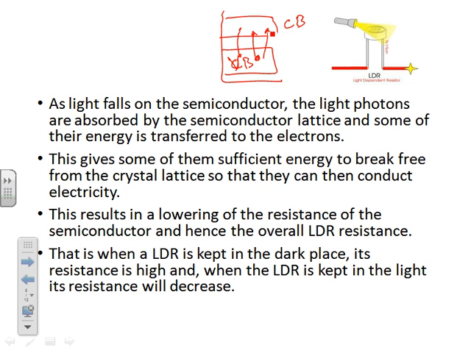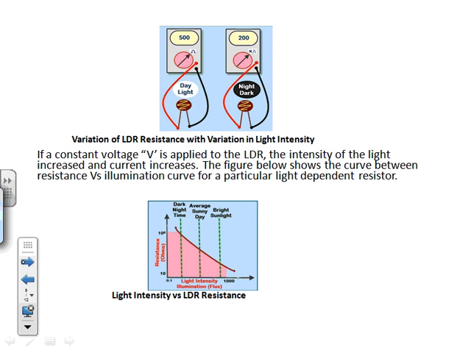This results in the lowering of resistance of the semiconductor and hence the overall LDR resistance. That is, when the LDR is kept in a dark place, its resistance is high, and when it is kept in light, its resistance will decrease. So this is the property, or working, of the LDR.